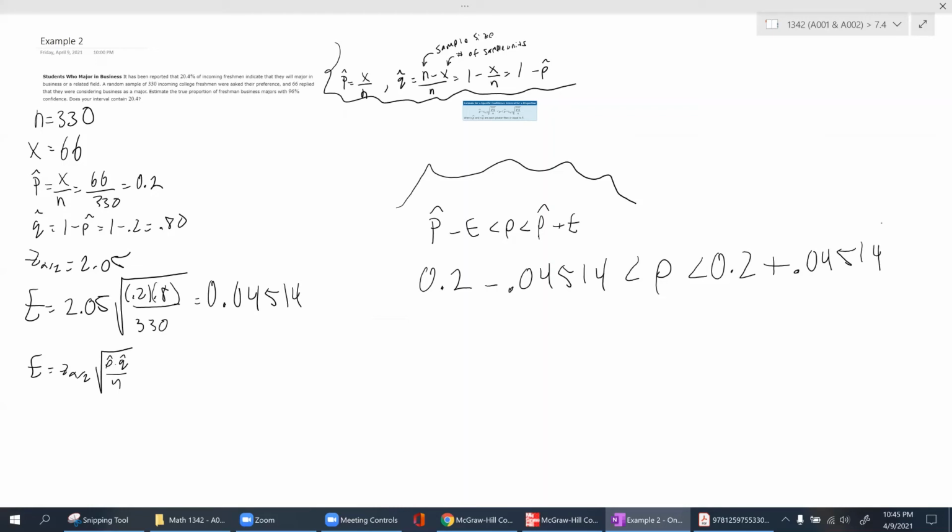Now let's plug all this in. I end up getting 0.1586.